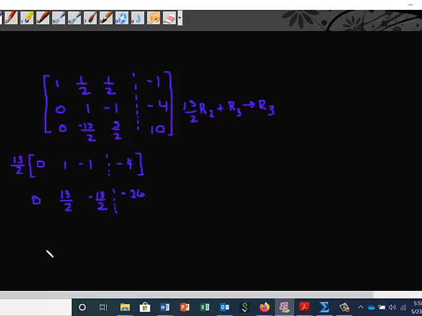Just wanted to make sure. Okay, so next we're going to add this. Since we multiply 13 over 2 to row 2, we're going to add it to row 3.